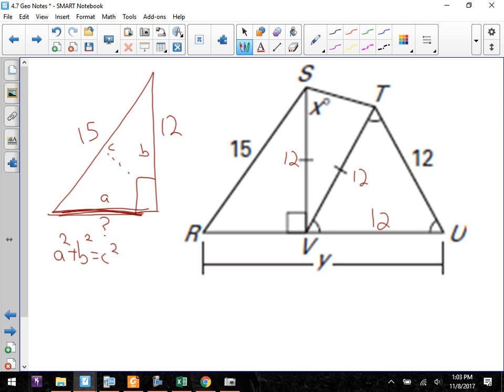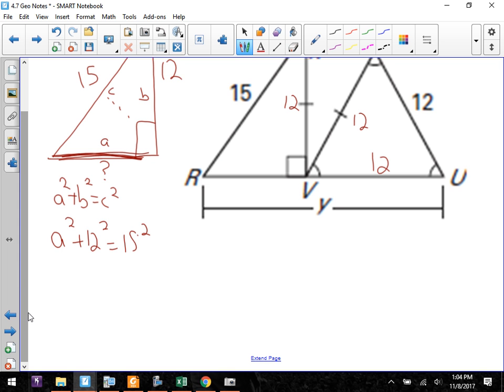You guys have all seen that at some point in your lives. This is one of those things that they assume that you would remember, kind of like adding and subtracting, the equation of a line, that kind of stuff. So you do this quick refresher and you write it out. Well, something squared plus 12 squared is 15 squared. Well, you guys have calculators.